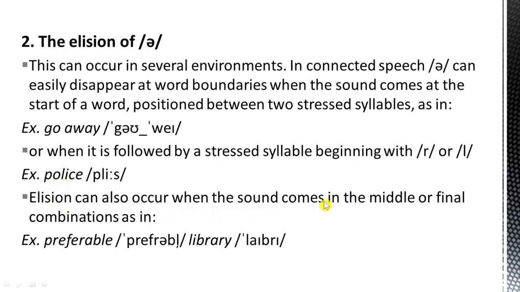Elision also happens when the sound comes in the middle or final combination, as in the following example, "preferable", which can become "prefrable". So no sound here, because it stays in the middle. And here "library": after elision you can pronounce it "libry", so no sound here also.